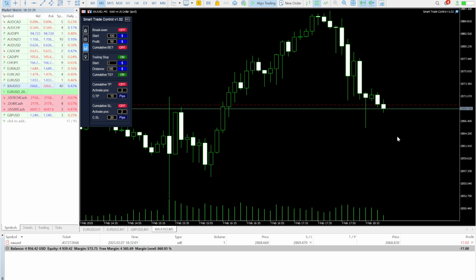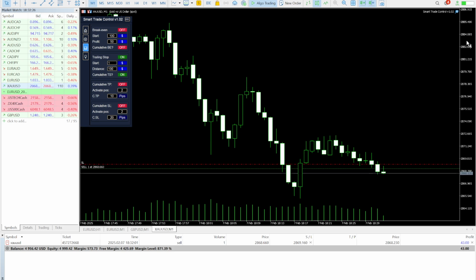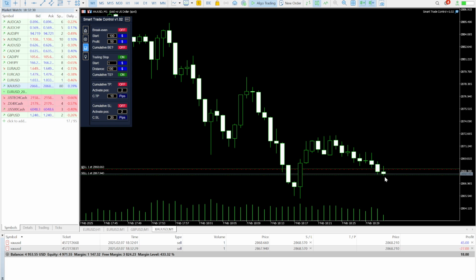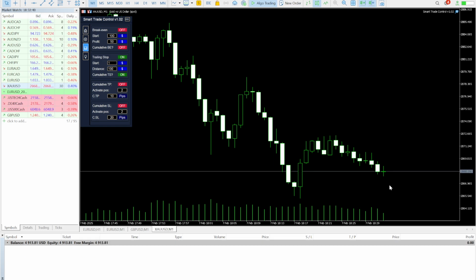If I now add a second position, maybe just go down to a smaller time frame, it's easier to see. If I add a second position, now both of them are locking in the $50, or trailing at $50 behind the volume weighted average of both of those positions.